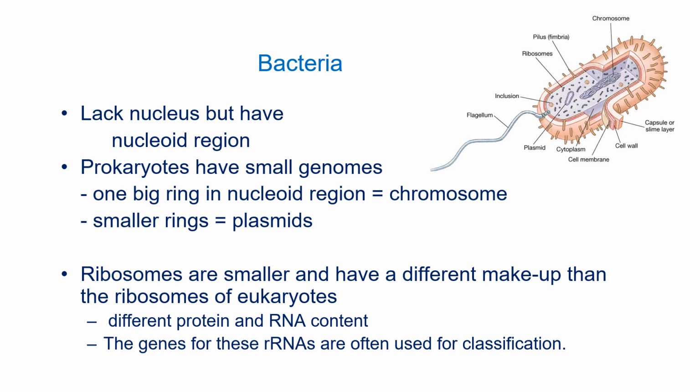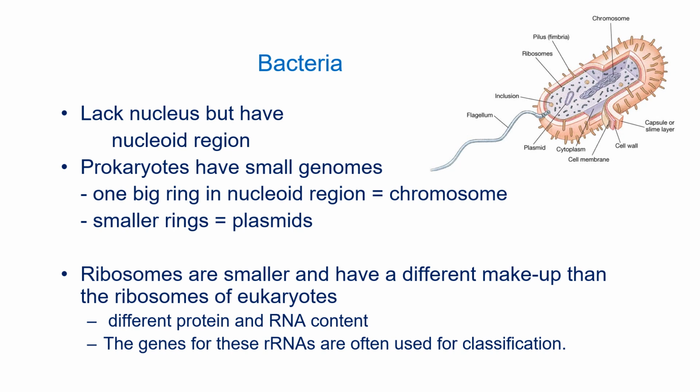We do have these much smaller circles, as mentioned, plasmids. They can be really important because they can contain genes that might, for instance, convey resistance to an antibiotic, and plasmids are quite easily exchanged between bacterial cells, as we'll see. Bacteria have ribosomes, of course, but the ribosomes are a bit different than the ribosomes in eukaryotes.